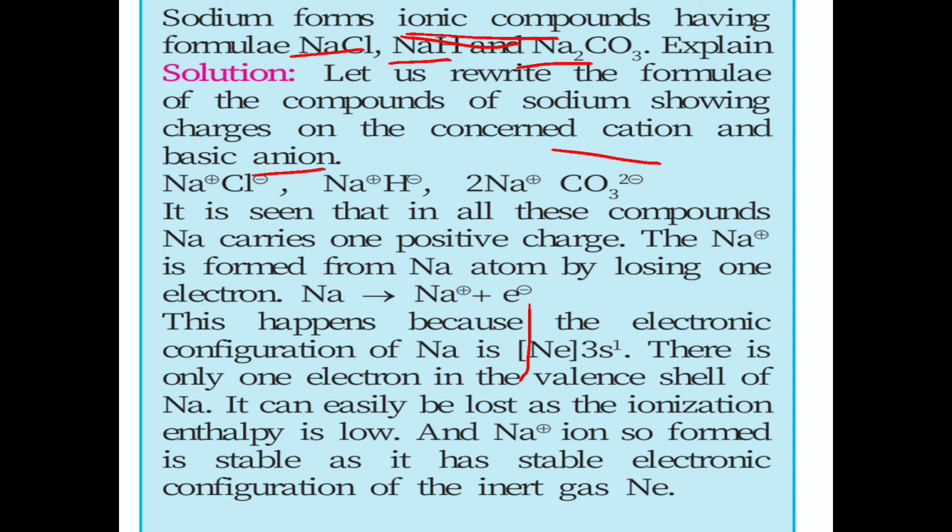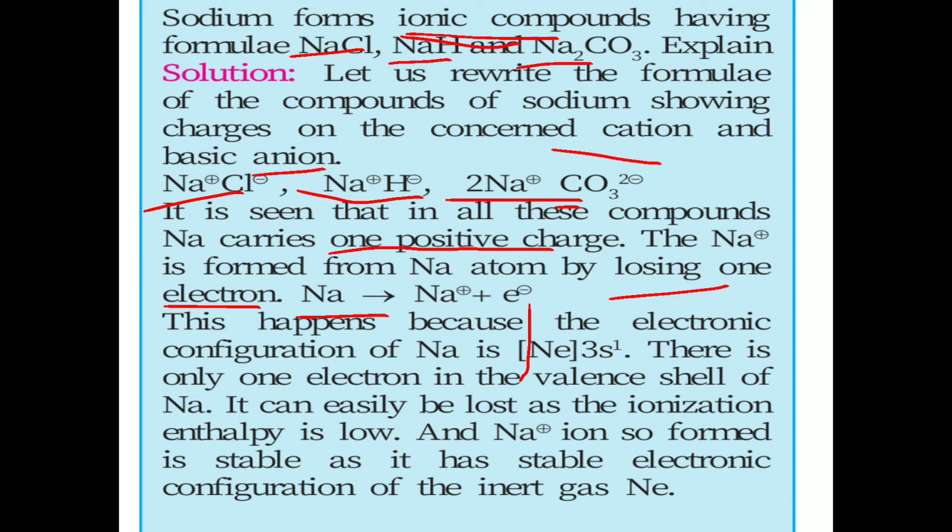In the case of NaCl, it is formed by Na plus and Cl minus. NaH is formed by Na plus and H minus. Na2CO3 is formed by the combination of Na plus and CO3 2 minus. Now, Na carries one positive charge. By losing one electron, Na is converted into Na plus and an electron.